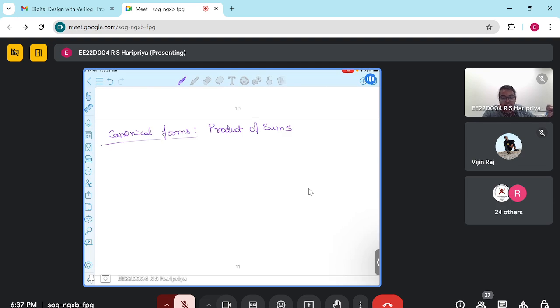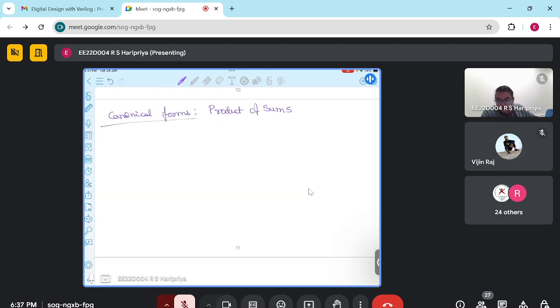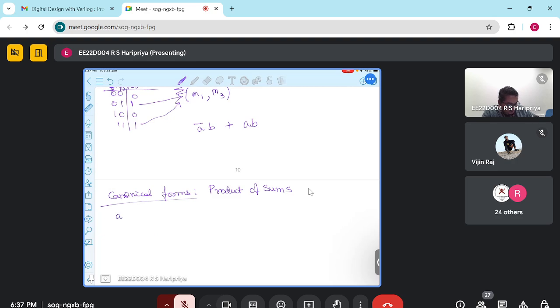In the min term it is a product term, like if I want to represent this as A and B, it is like A complement B or A B. Whereas here it is the sum term. So if I take the same A B and its output, now we will be considering this term when it is 0.